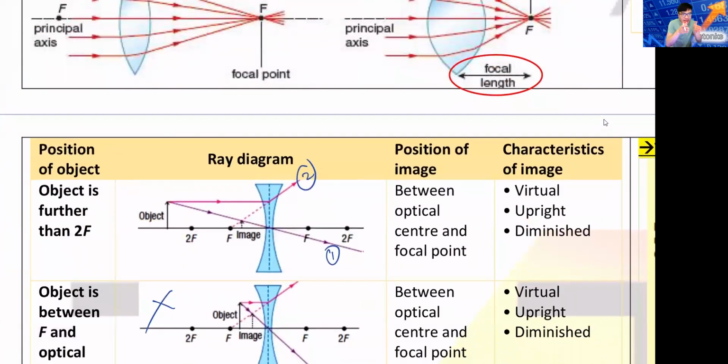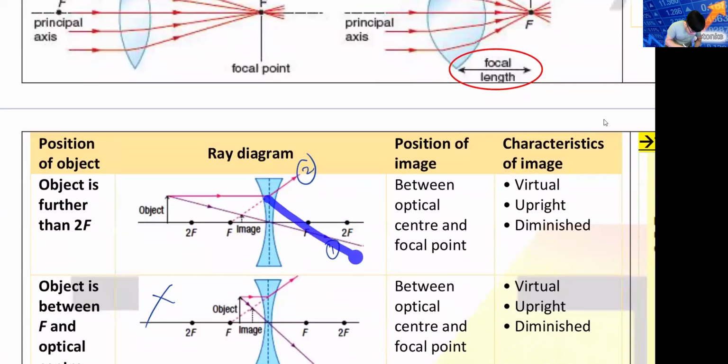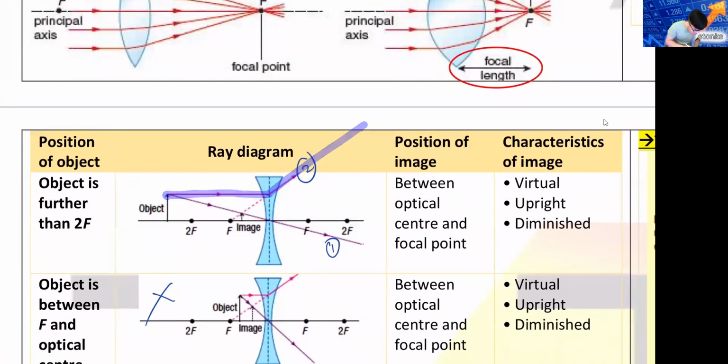Concave is different. It is to mencapah the light, to spread the light away. So instead of bending down, you have to bend up, you have to go away. The second line goes through here, and then you bend up using this F as a reference. Can you see the dotted line here?